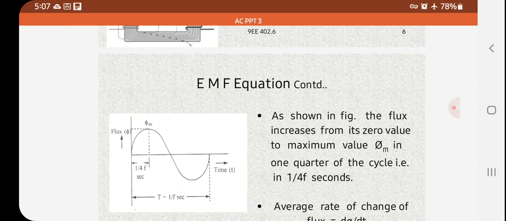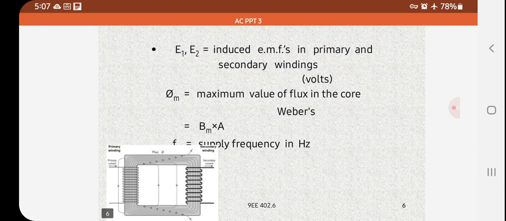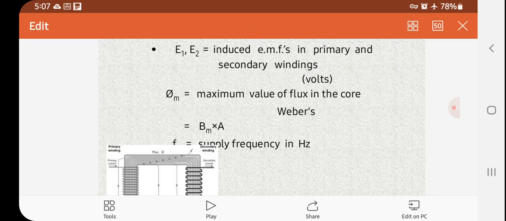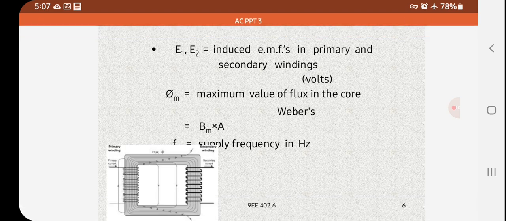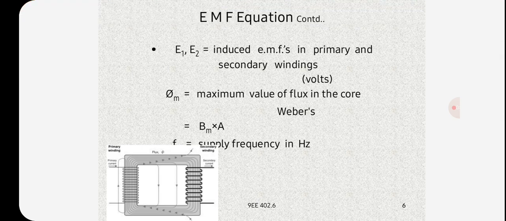When the supply voltage is given to the primary winding, at that time in the primary winding the current I1 will be produced. Using that I1, the flux will be produced in the transformer core. The magnetic flux will induce E2 EMF, that is the mutually induced EMF.